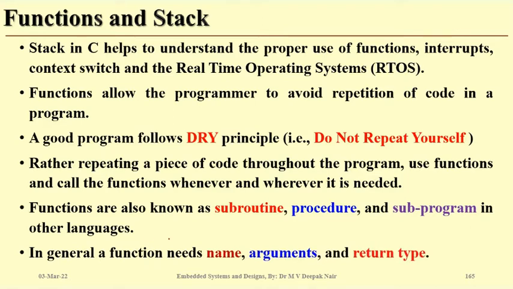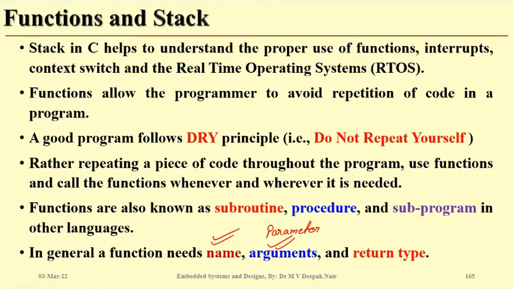In general, what are the ingredients of a function? Every function should have its own name. It should have its own arguments, which you may also call parameters. And then the return type, the type of data it is returning: sometimes integer, sometimes floating, sometimes character.